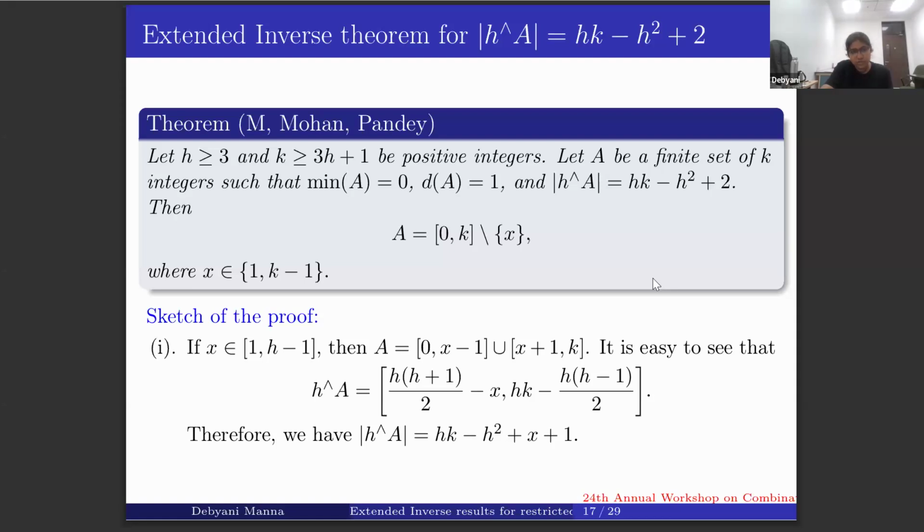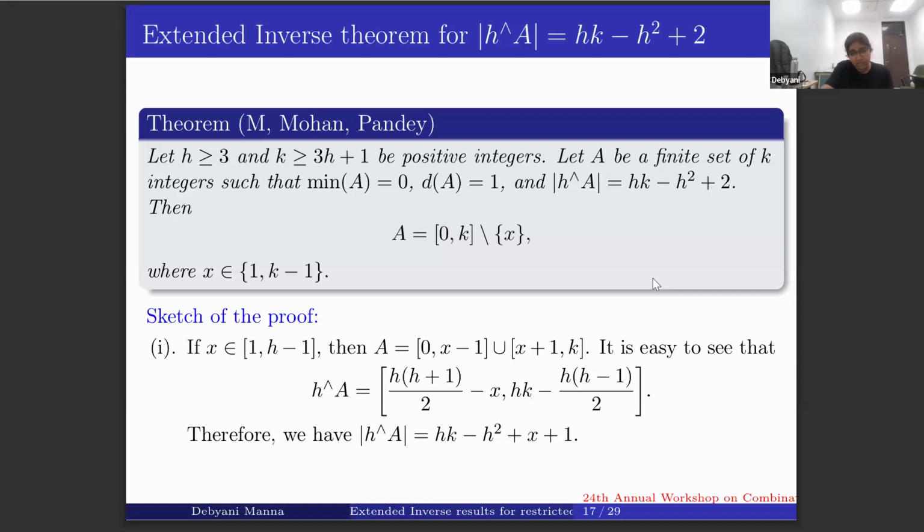If x belongs to 0 to h minus 1, then we must have a would be something like this, and then we basically calculate what h cap a would be, and then we will have that the cardinality of h cap a would be hk minus h square plus x plus 1. So here we have taken x as x belongs to 0 to h minus 1. So only for x equal to 1, our result will hold.